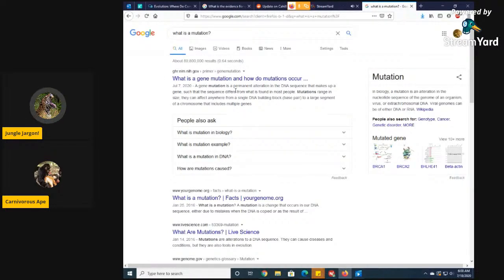A gene mutation is a permanent alteration in the DNA sequence that makes up a gene, such that the sequence differs from what is found in most people. Mutations range in size. They can affect anywhere from a single DNA building block, a base pair, to a large segment of a chromosome that includes multiple genes.